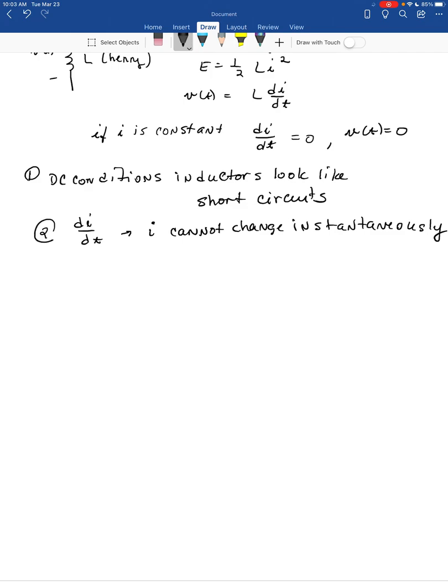So the two caveats for inductors are, under DC conditions, inductors look like short circuits, and because we store energy in the form of a magnetic field and cannot release that energy instantly, the current I cannot change instantaneously. Mathematically, that's a result of the fact that the voltage is proportional to di dt. So these are going to be particularly important in the next unit where we talk about RL and RC circuits. This fact that you can't have the current change instantaneously.